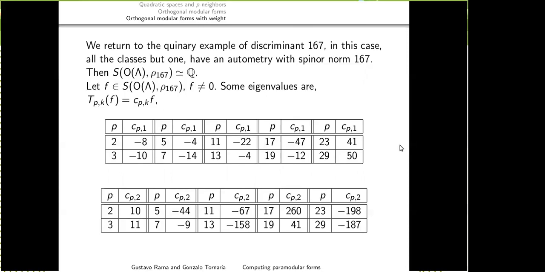On the other hand, we also computed the spin L function of this eigenform, and it appears to correspond to some paramodular form of minus sign.